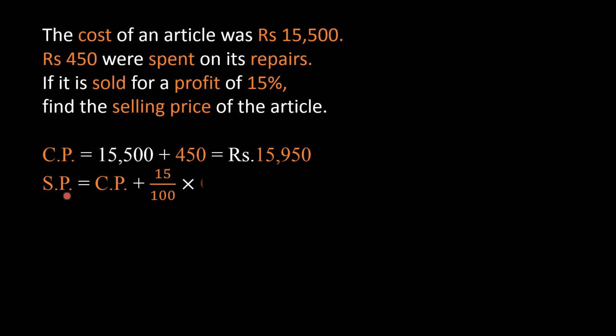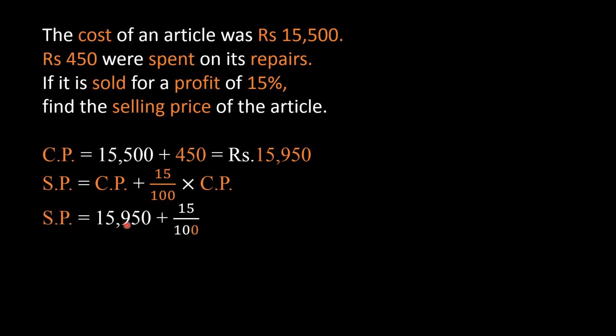Selling price is cost price plus 15% profit made on the cost price, because it has been sold for a profit of 15%.